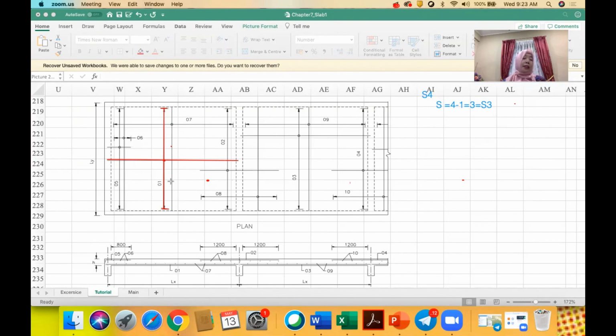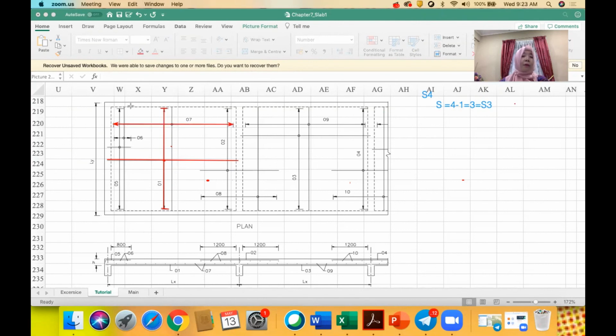In the plan you cannot see either it is bottom or top, but you can see it by looking the number here, and also by referring at the cross section. Okay, the 07 is the 07 here. 07 is the secondary steel that accompanied the 01, yeah, and it must be located from here, one cover to here.